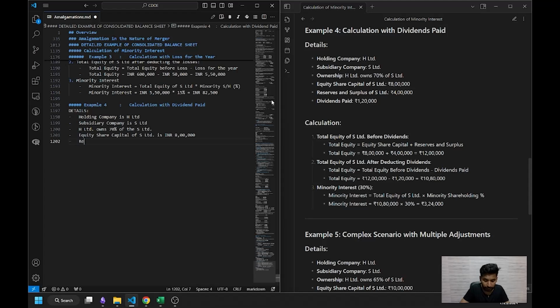Reserves and surplus of S Limited are rupees 4 lakhs.